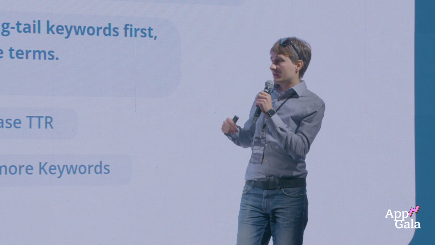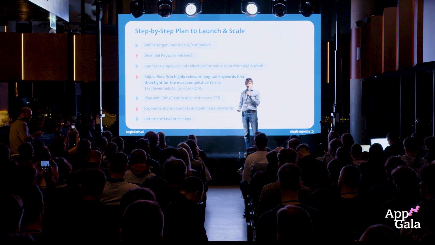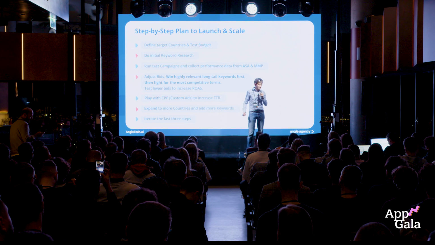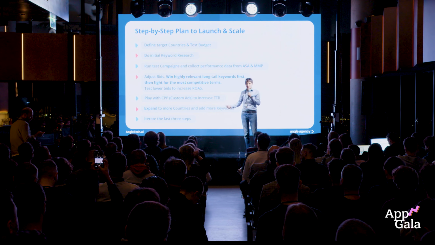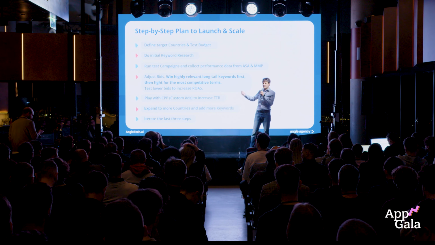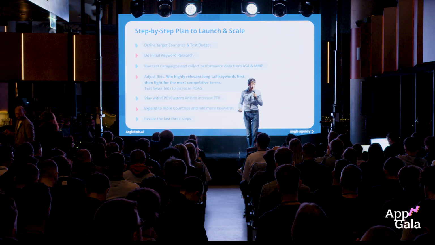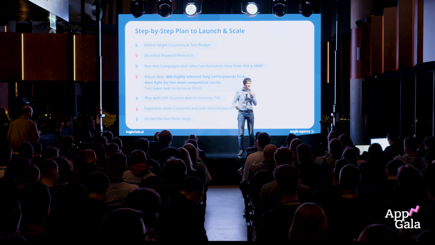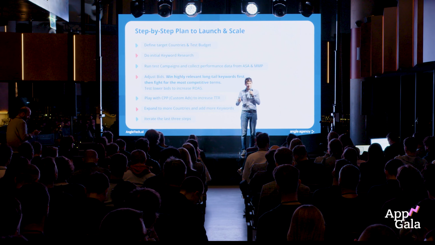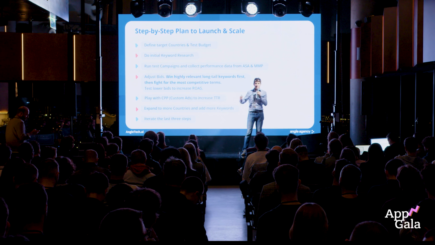Then you can fight for the most competitive terms. If you start from competitive terms, the price will probably be too high for your app. But if you start from long tail, if you have many keywords, for example, for our clients we normally do keyword research and get about 10,000 relevant keywords for any app in any language. And we start from long tail.